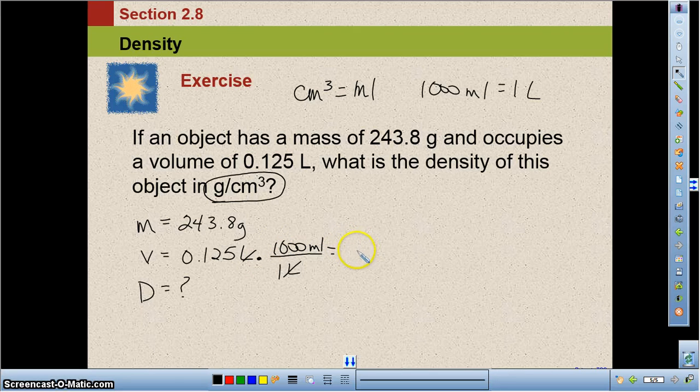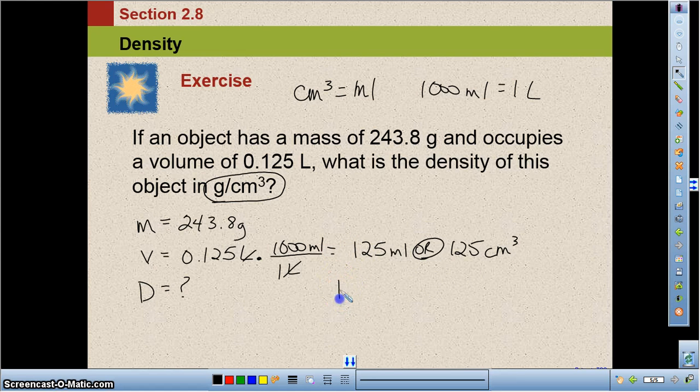So we take 0.125 times 1,000, which is just going to move that decimal point 3 places to the right. We have 125 milliliters, or remember, that's the same thing as 125 cubic centimeters. Exact same thing.